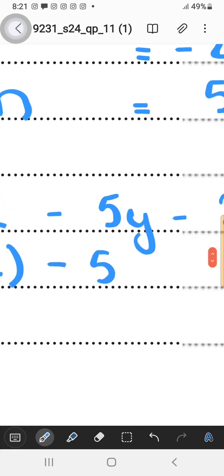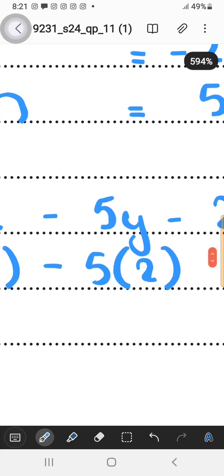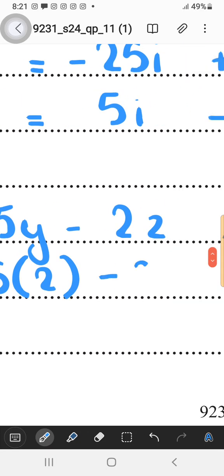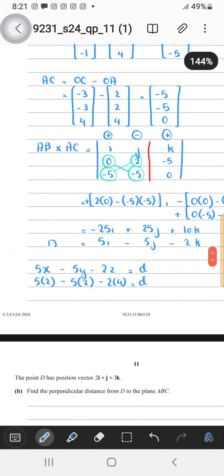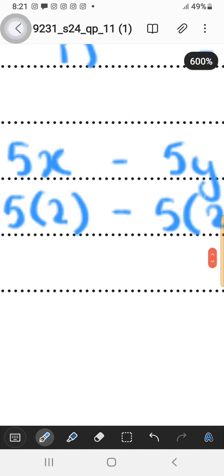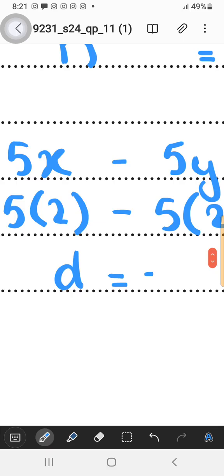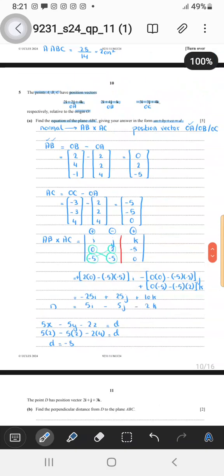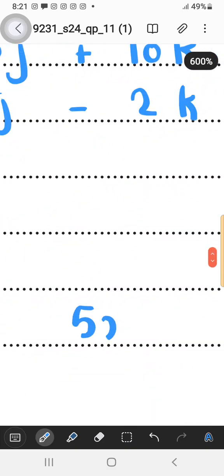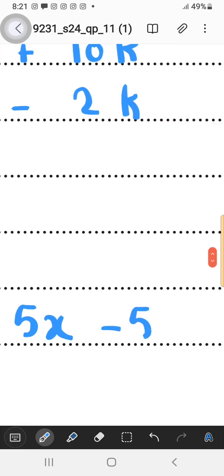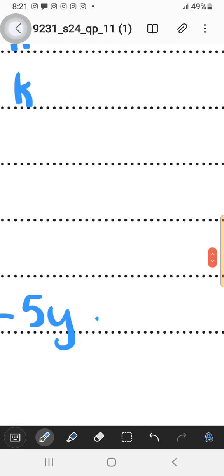Then there was 2j, so I will write 2 here, and there was 4k, so I will write 4 here. Then I will get d. Find out what we are getting d. We get d as a negative 8. Okay. So now we can write our equation as 5x minus 5y minus 2z equal to minus 8.